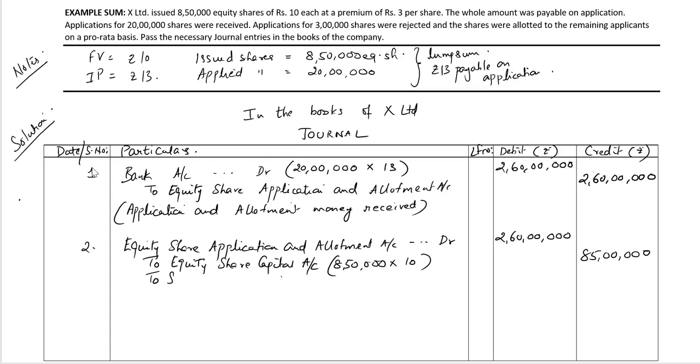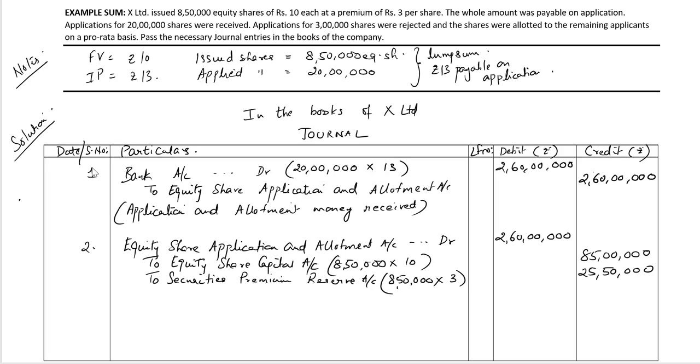To securities premium reserve account. Amount against this is number of shares allotted 8,50,000 multiplied by 3 rupees premium per share, 25,50,000 rupees.